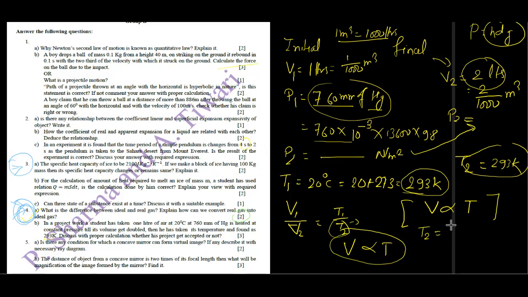By calculation we have found this value might be 1300 something or more. Okay, so the project work submitted by him must be rejected.